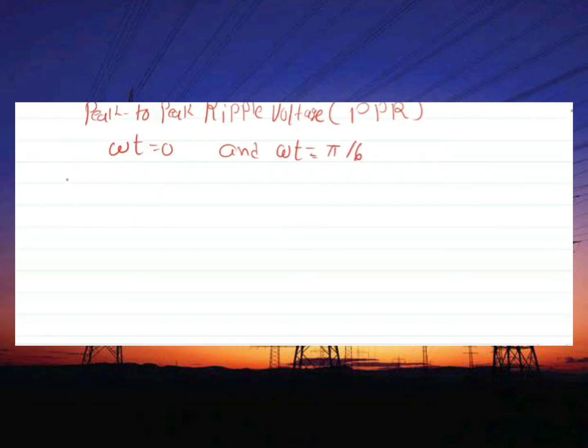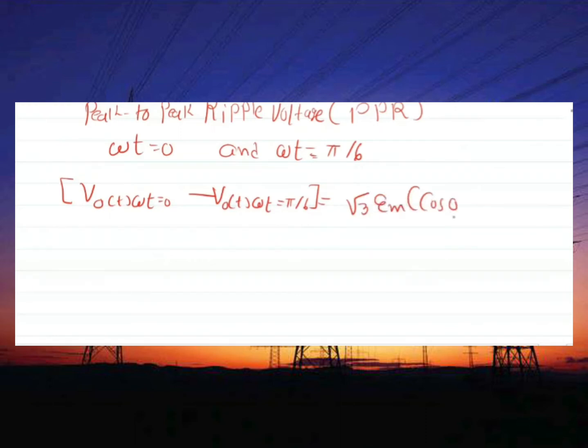So the equation is V0 of t at omega t equal to 0 minus V0 of t at omega t equal to pi by 6 is equal to root 3 EM into cos omega t, that is cos 0 minus cos pi by 6.